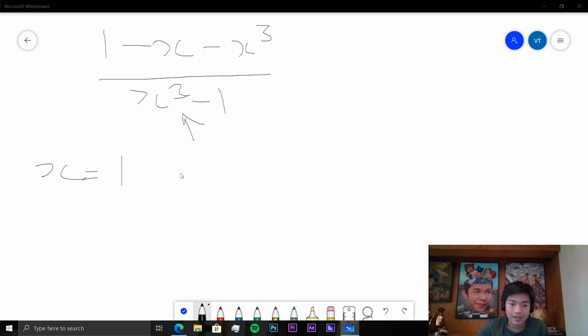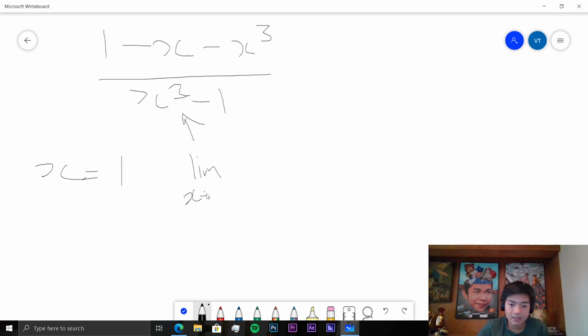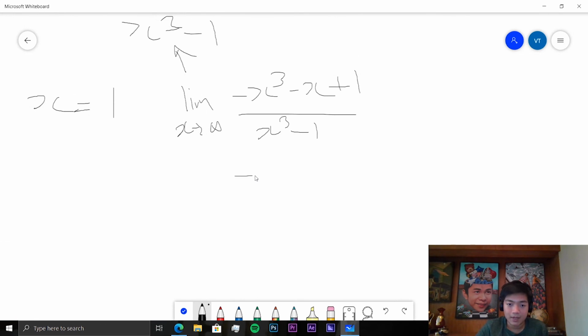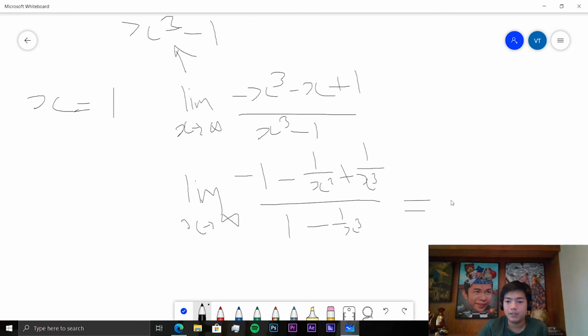We can get that by taking the limit as x tends to infinity of negative x cubed minus x plus 1 over x cubed minus 1. Dividing everything by x cubed, we get negative 1 minus 1 over x squared plus 1 over x cubed over 1 minus 1 over x cubed. The limit as x tends to infinity of this will be equal to negative 1 over 1, which is negative 1. So x equals 1 and y equals negative 1 will both be asymptotes of this graph.